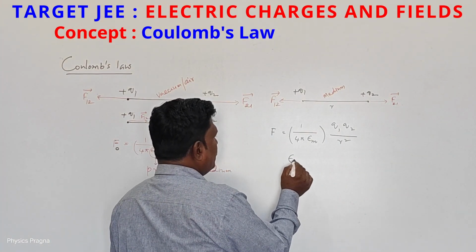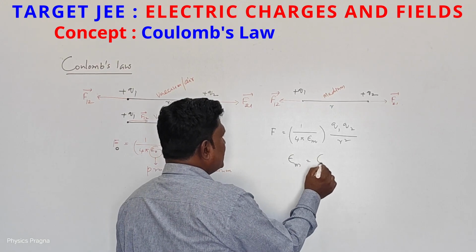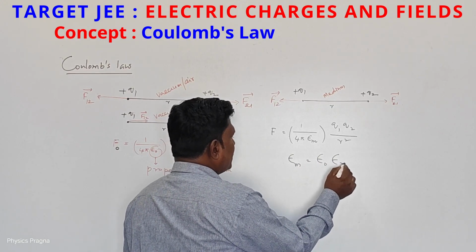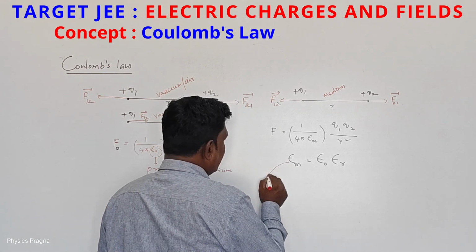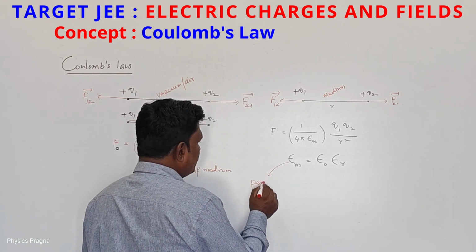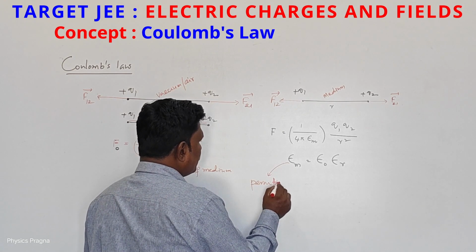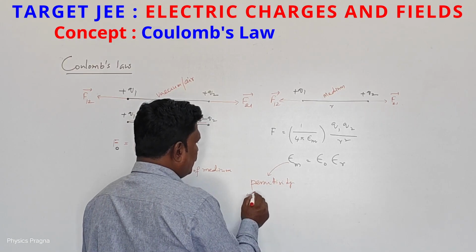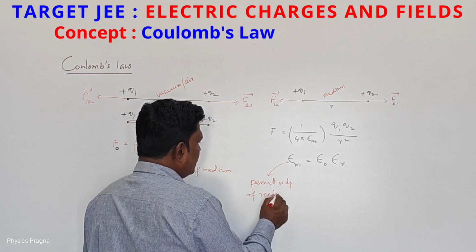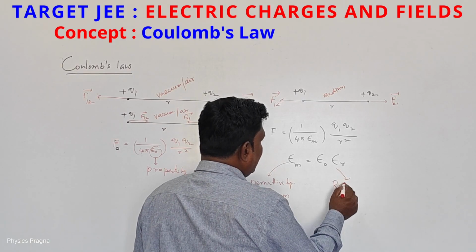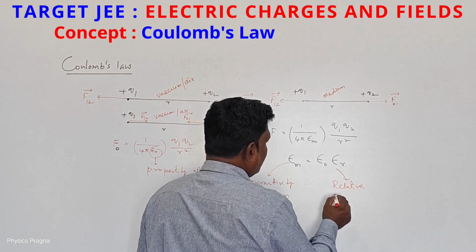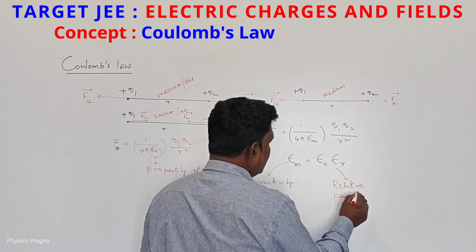The medium permittivity is epsilon naught times epsilon r. This is the permittivity of a medium, this is the permittivity of free space, and this is called relative permittivity.